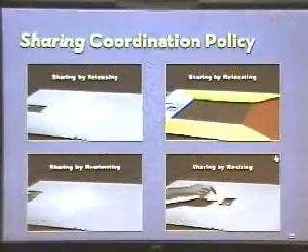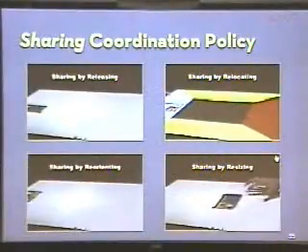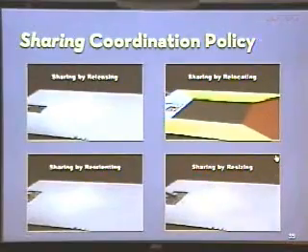Finally, you can also use size to communicate whether or not you're willing to share something. For example, I'm projecting this content very large because I want it to be visible and shareable by you. And so the same thing applies on the tabletop. You can use small documents to signify that they're in a private state, or you can enlarge them to share them with other people.